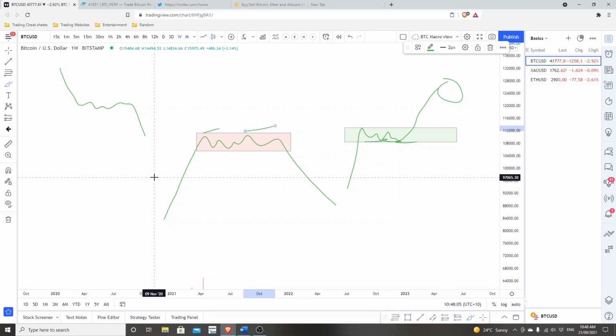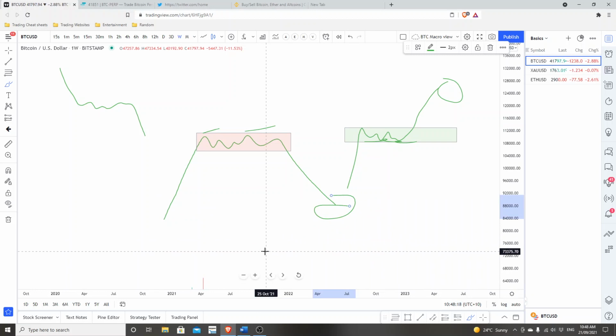Or maybe they're building a short position and they're putting shorts in at the top of the market here to take it down and take their profits down the bottom.